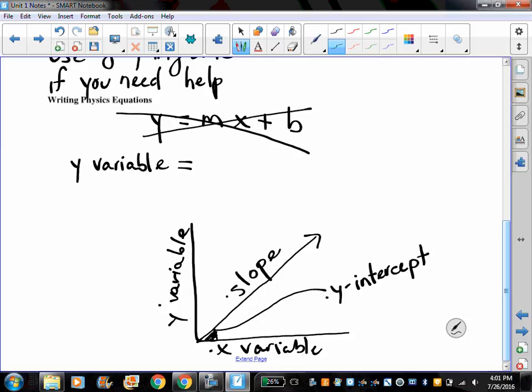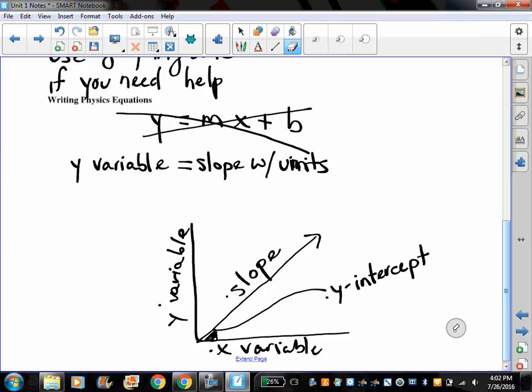So maybe that variable is work, or energy, or distance, or maybe it's time. Whatever you put on that y-axis, that's what you're going to put there. Instead of m, you are going to write in whatever the slope is that you calculated with the appropriate units.